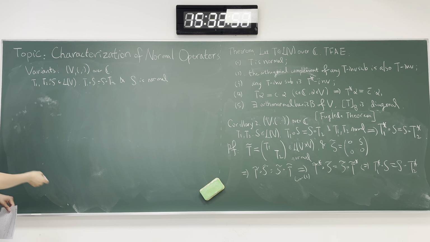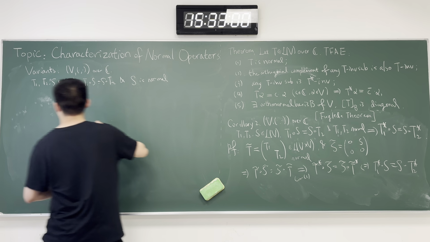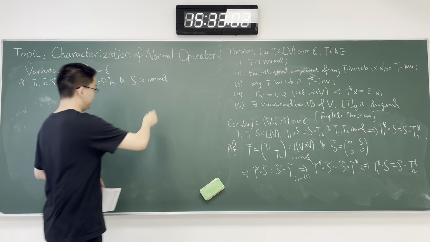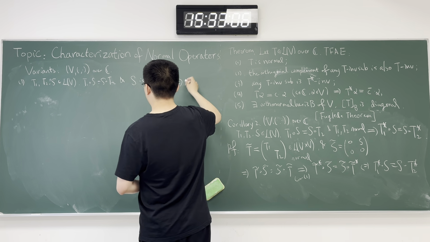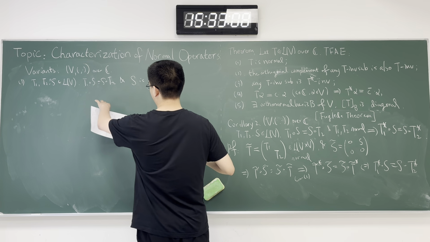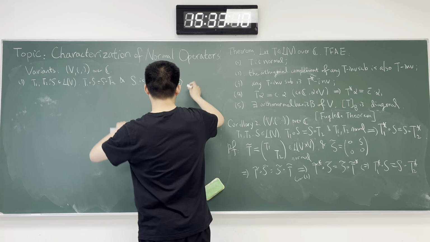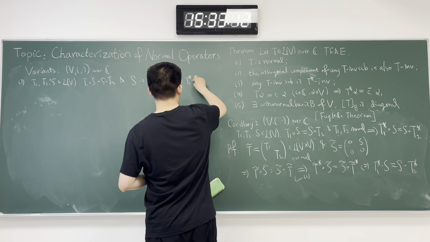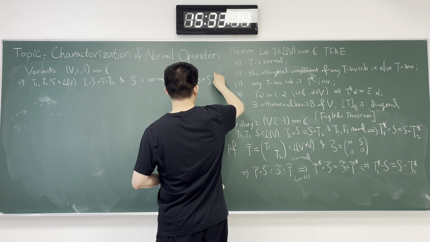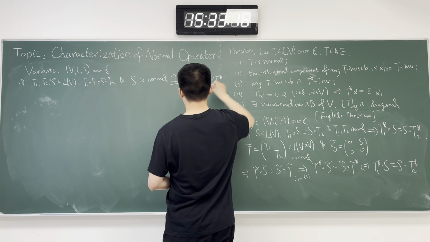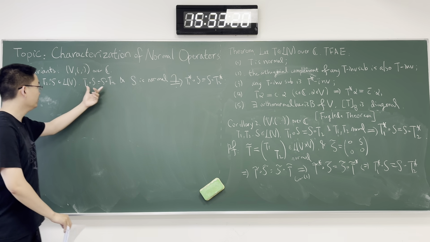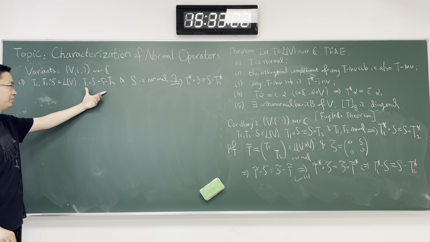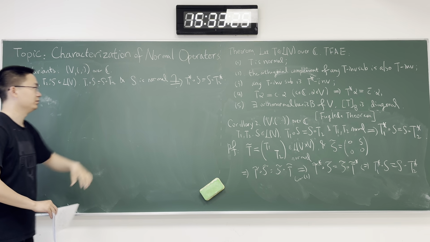Question 1: does this guarantee that S intertwines the actions of T1 star and T2 star? Here we change the condition from T1, T2 being normal to S being normal.